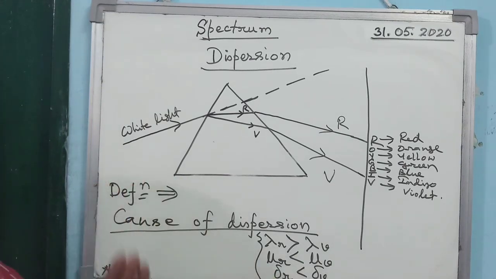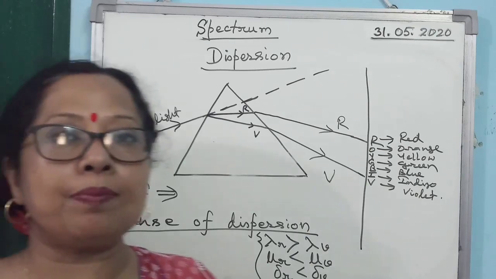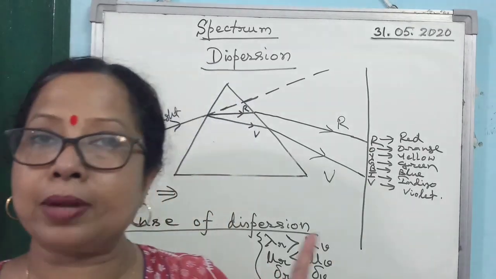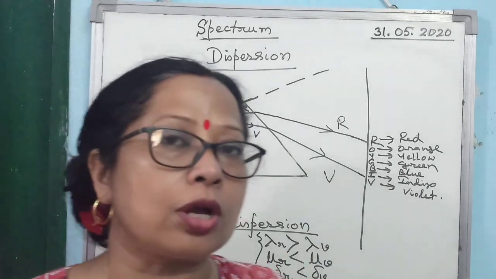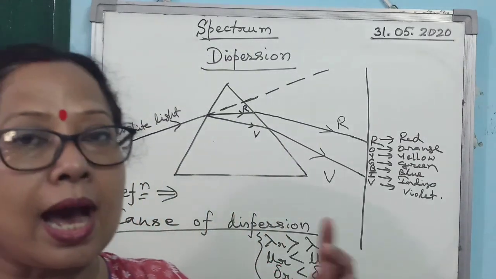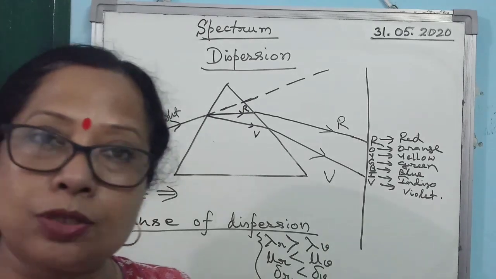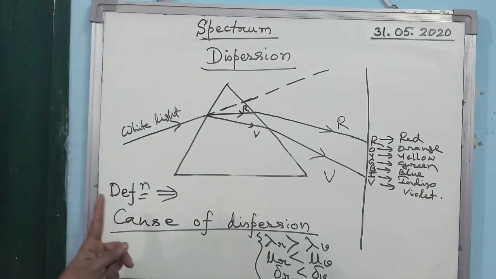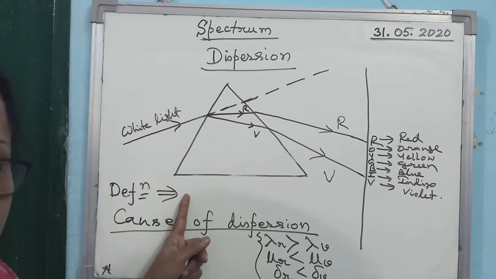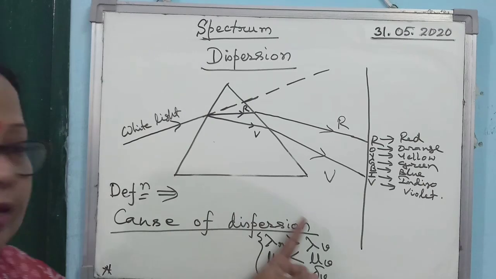So far whatever I have discussed, what you will learn: the deviation suffered by a prism, delta, is delta 1 plus delta 2. Then the factors on which delta depends, 4 factors I have discussed: i, A, then mu and lambda, all the 4 factors you must learn. Then you will learn the definition of dispersion and the cause of dispersion.